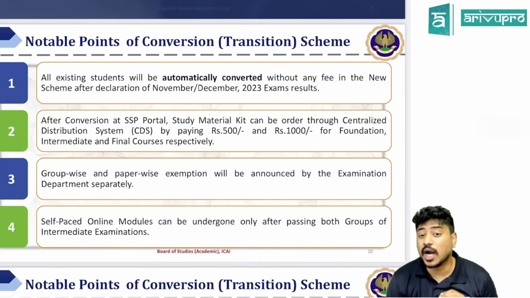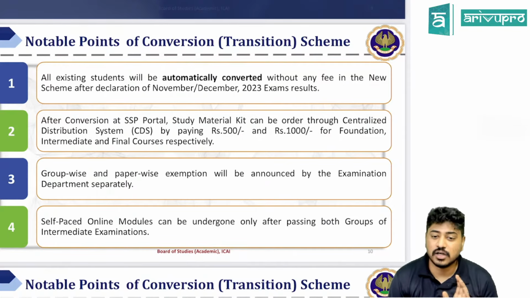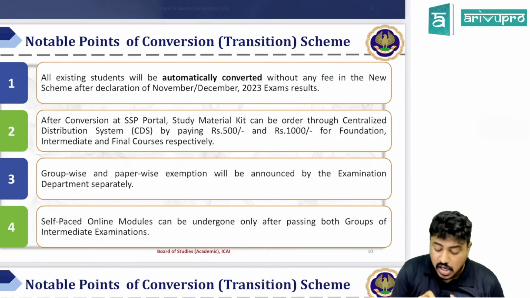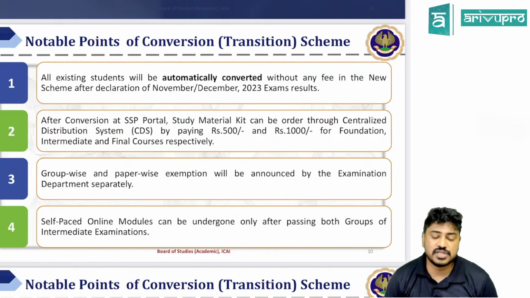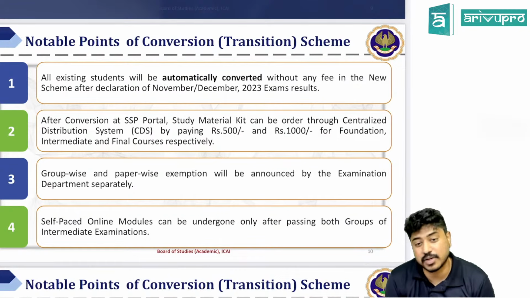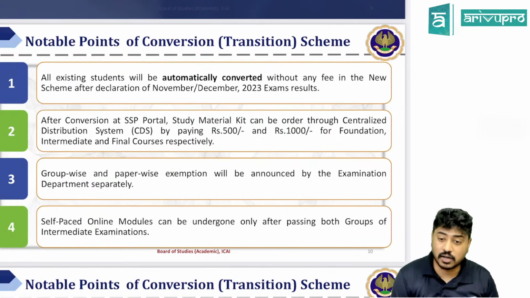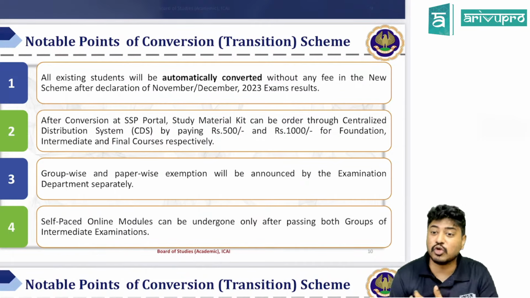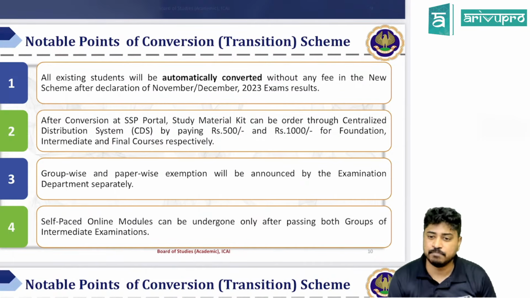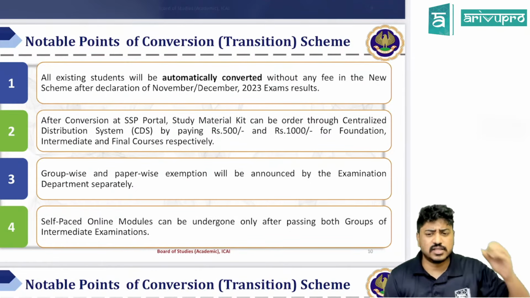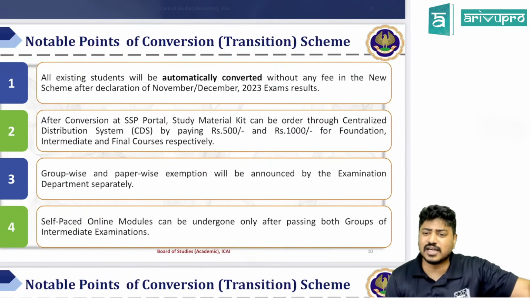Now, one major thing: group wise and paper wise exemption will be announced by the examination department separately. They have not clearly told. The most important question we were asking is, sir, if I clear group 1, what happens? If I clear group 2 in Inter especially? In final they have been very clear. They have clearly said that if you clear group 1, consider group 1 cleared in the new syllabus also.